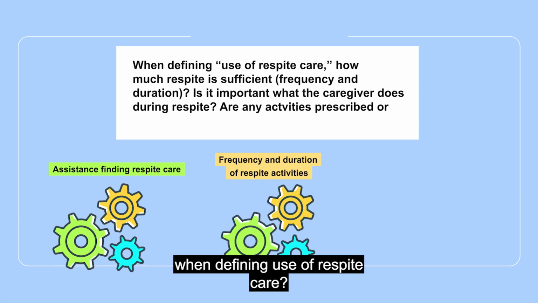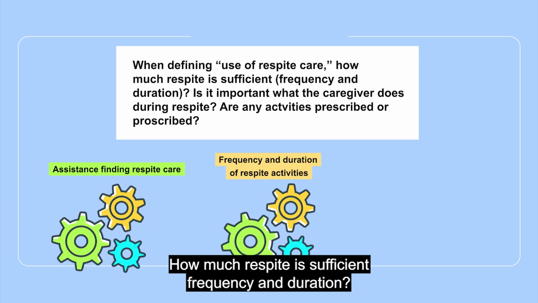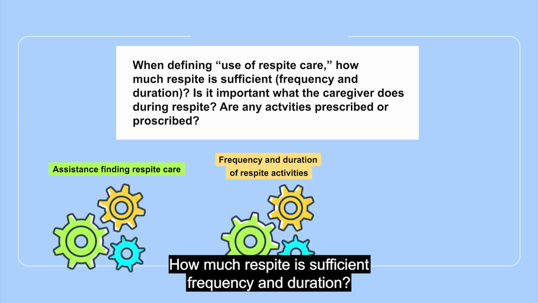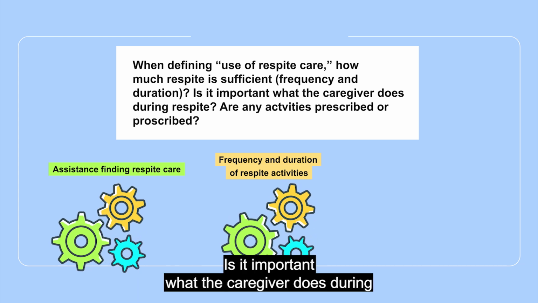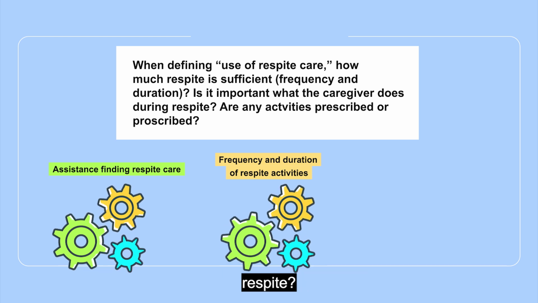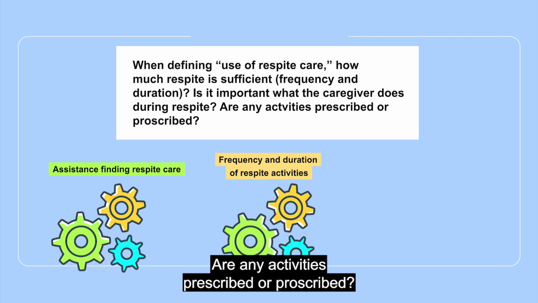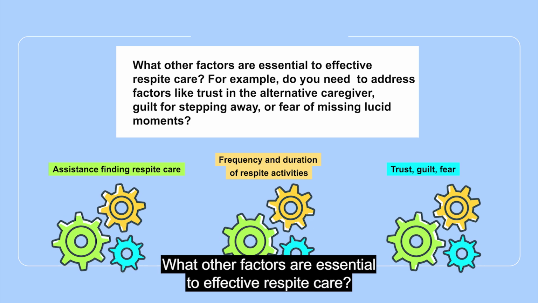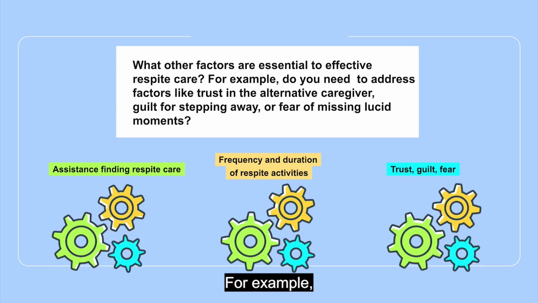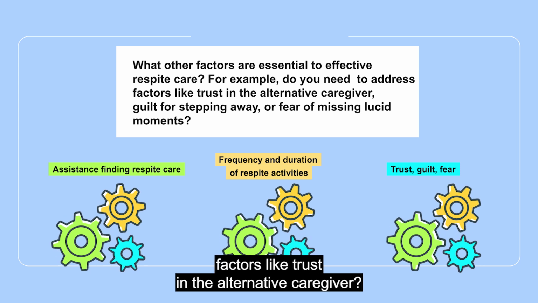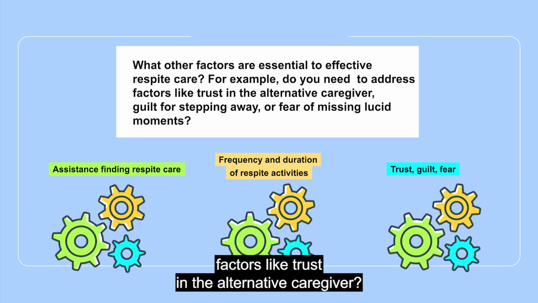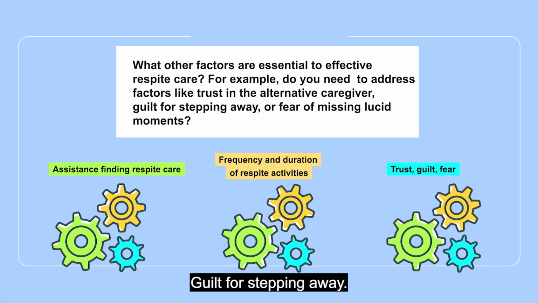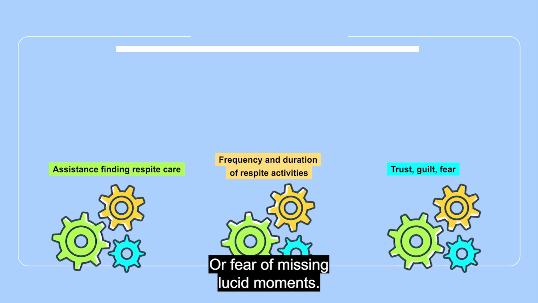When defining use of respite care, how much respite is sufficient? Frequency and duration. Is it important what the caregiver does during respite? Are any activities prescribed or proscribed? What other factors are essential to effective respite care? For example, do you need to address factors like trust in the alternative caregiver, guilt for stepping away, or fear of missing lucid moments?